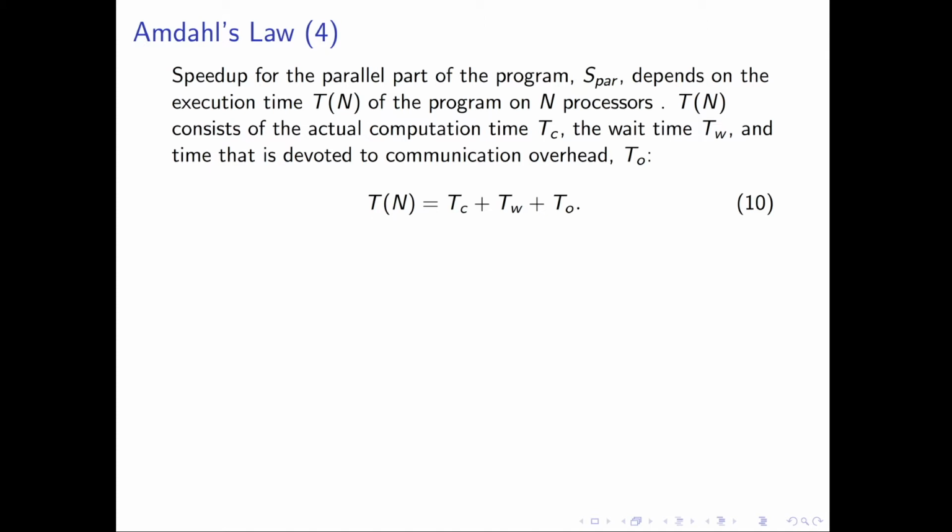The sum of that makes up the parallel execution time of our program when executed on n processors. This is obviously something you don't have when you run the program on only one processor: you don't have to synchronize with other processors, you don't have to wait for other processors, and you don't have any communication overhead.